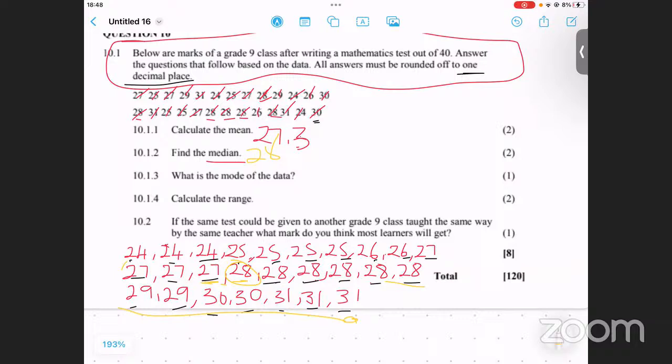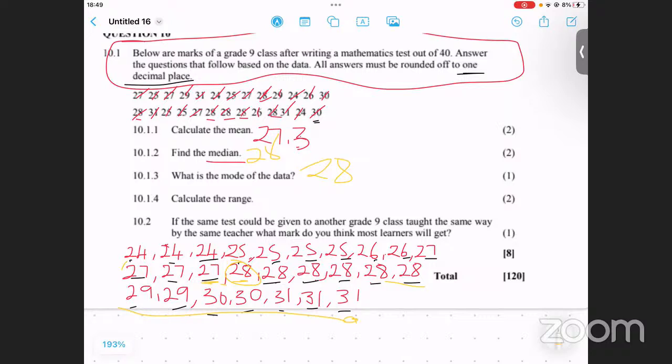Ma'am, the mode is the number that appears the most. And on this data, what is the number that appears the most? Ma'am, it's 28. Okay, perfect.